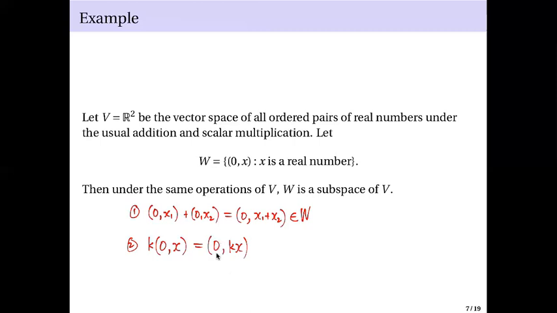And that means this element here is in W. Therefore, this W here is a subspace of V. Any question on how to use the two statements to show that a collection of vectors in a vector space is also a subspace, is also a vector space? So we just need to consider the two statements.